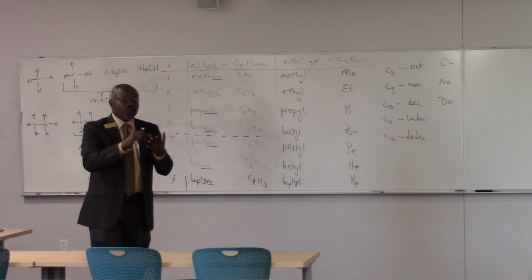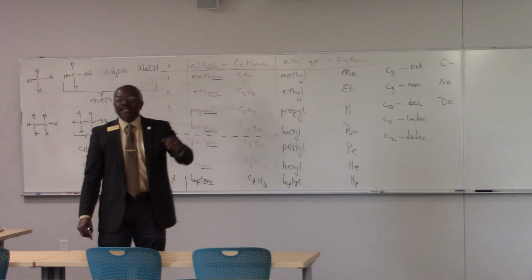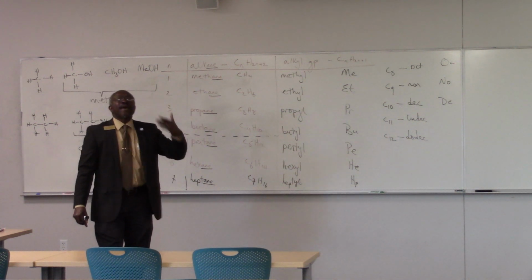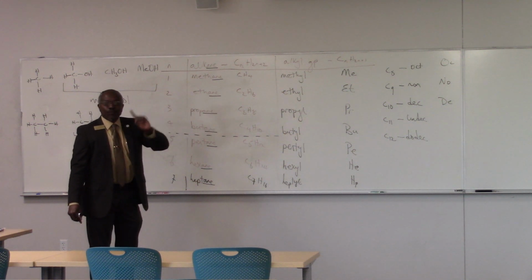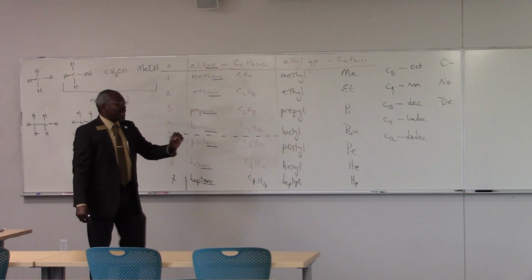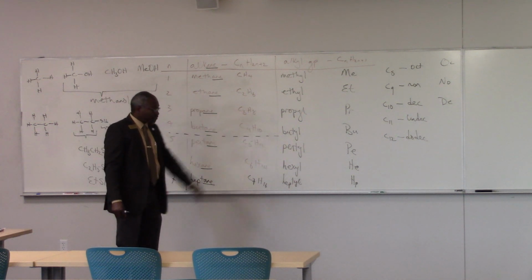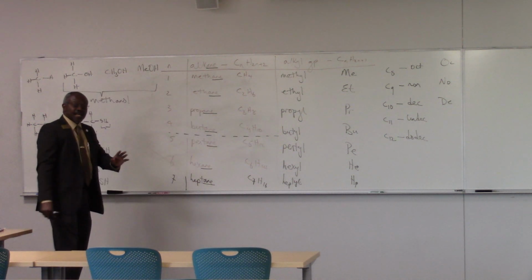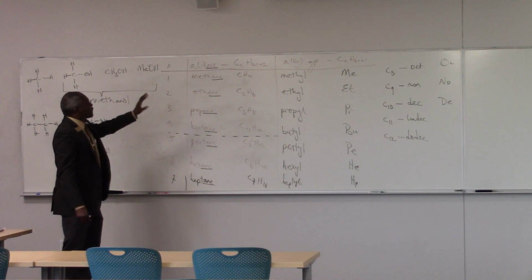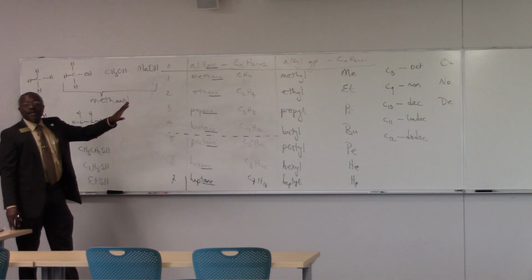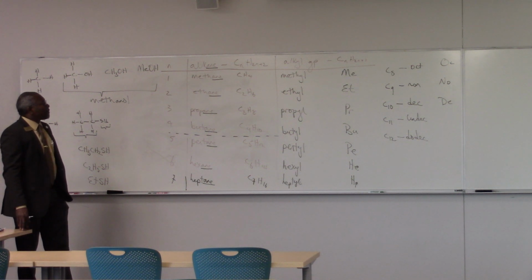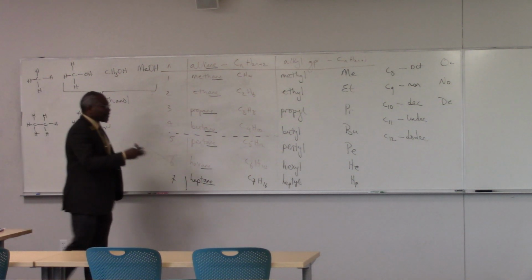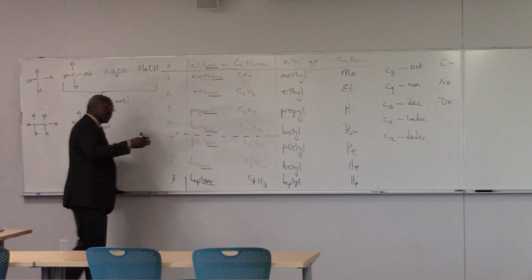So meth, eth, prop, but, pent, hex, hept, oct, non, dec, undec means 1 plus 10, dodec, 2 plus 10. So you're responsible then for the prefixes for the first 12 of the alkyl groups.